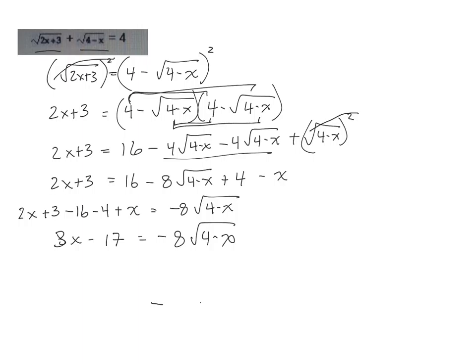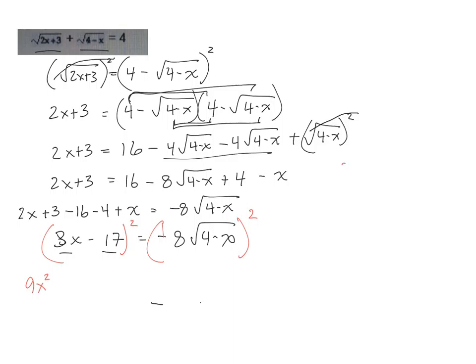Now, I could divide by a negative 8, but neither of these things are divisible by 8, so I think I'm just going to square things as they sit. So I'll square this side, and I'll square this side. So on the left side, I'm going to get 9x squared. There's two of those, right?